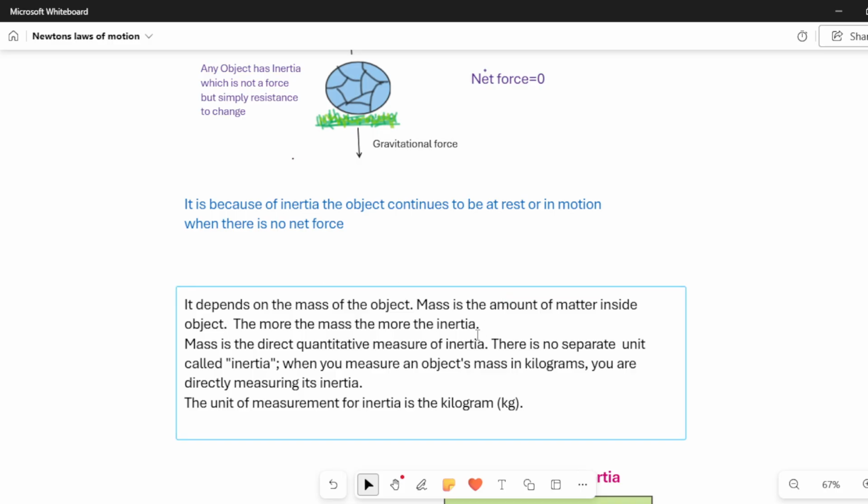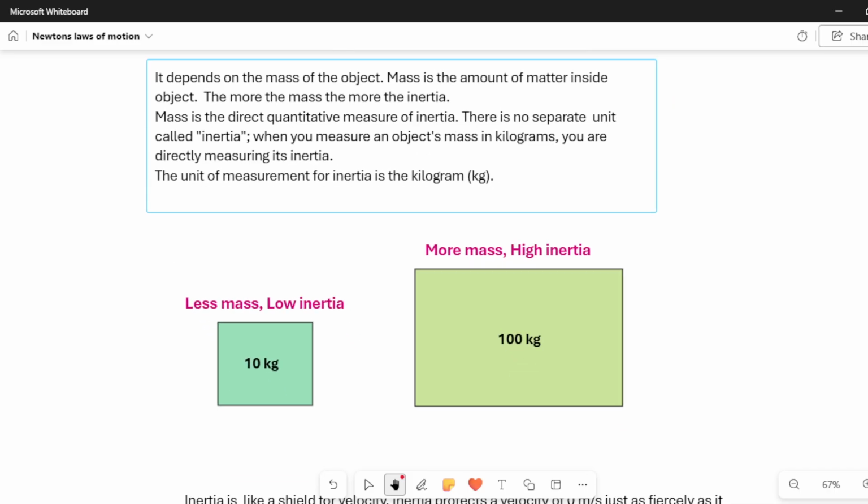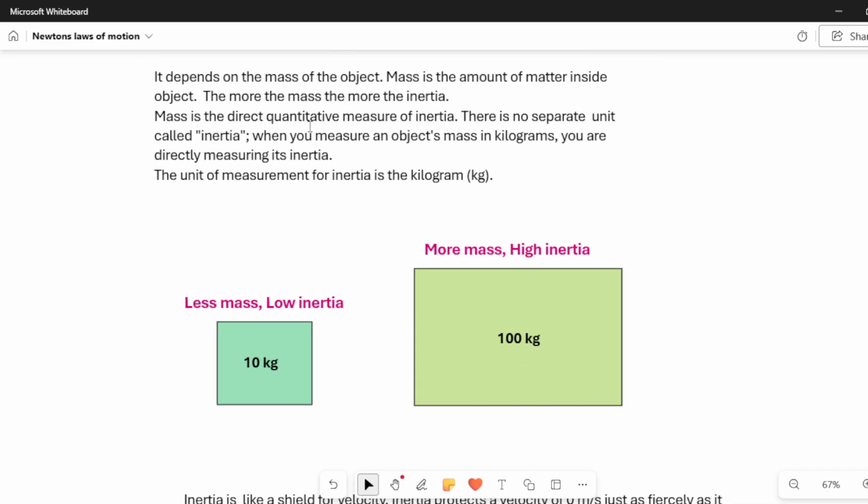So the more the mass, the more the resistance to change. Okay. So the more the mass, the more the inertia. So mass is the direct quantitative measure of inertia. So we do not have any particular unit for measuring inertia. When we measure the mass, that implies the inertia.